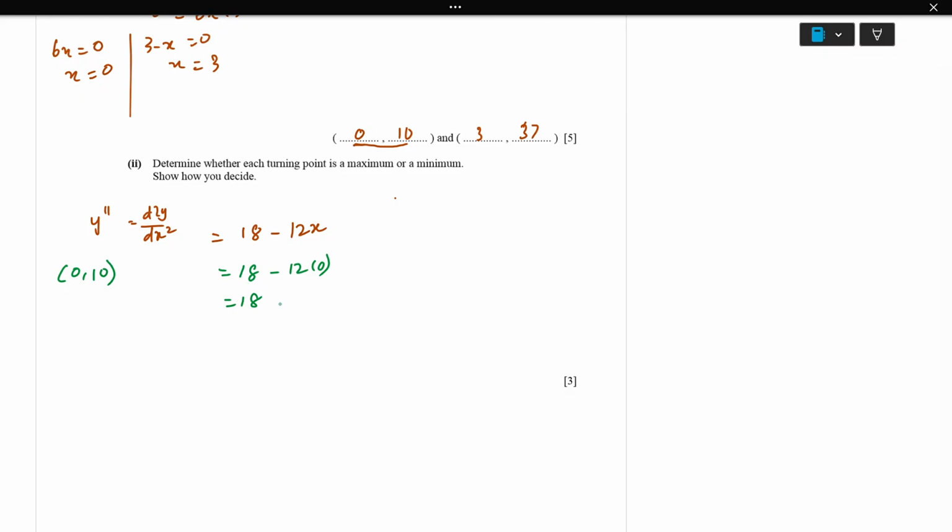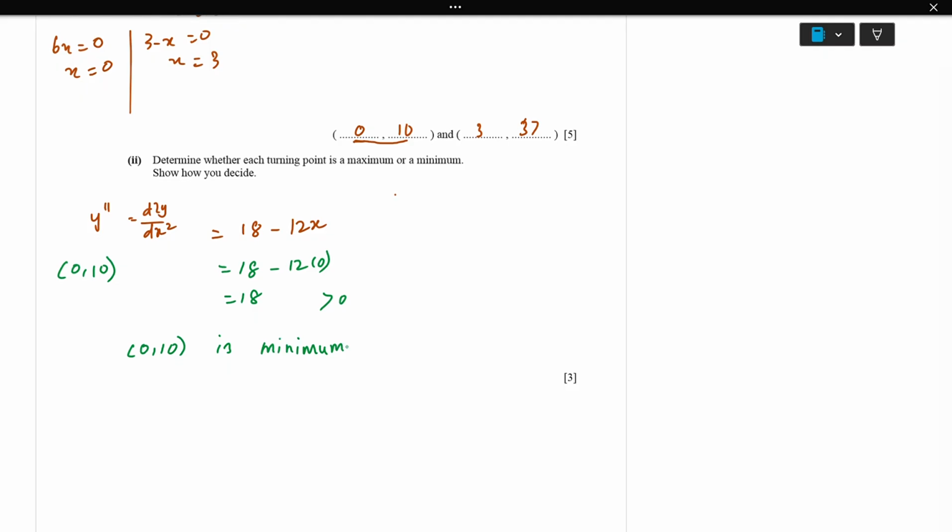When we get a positive value, greater than 0, then this coordinate will be a minimum. (0, 10) is a minimum. When you get positive, it's a minimum.